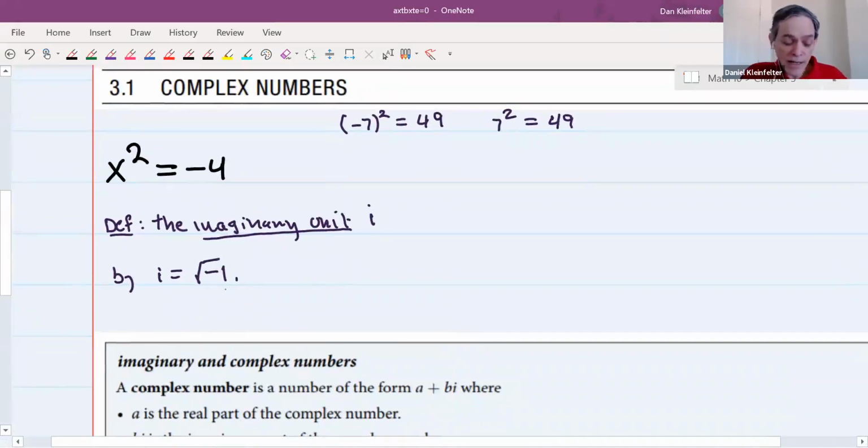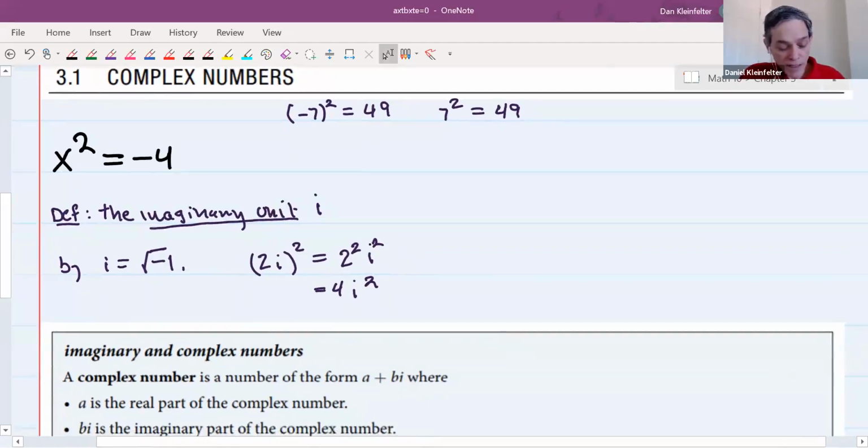And so if we have this thing called i, which is the square root of -1, then we can take 2i and square it, more on this later, and say, okay, well, this would be the same as 2 squared times i squared. That's 4i squared, just using our usual rules of algebra and working with exponents.